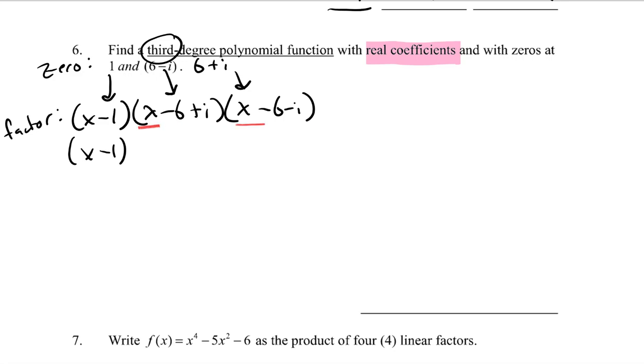So x times all 3, negative 6 times all 3, and i times all 3.